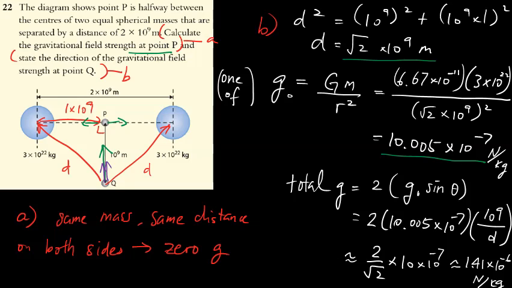So what you have at last would only be the two vertical components, and therefore I would say it will be G0, that means the original G that you experience, times sine theta. If I say this is theta, of course this is also theta as well.